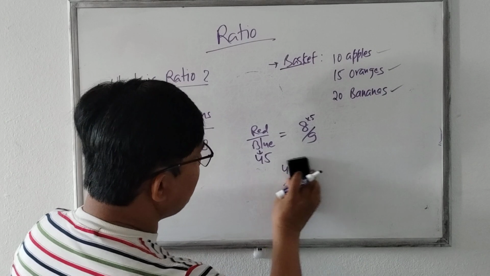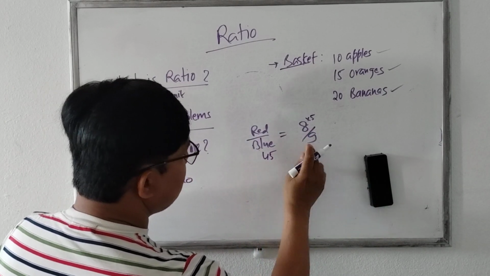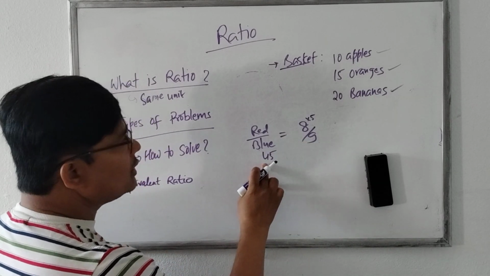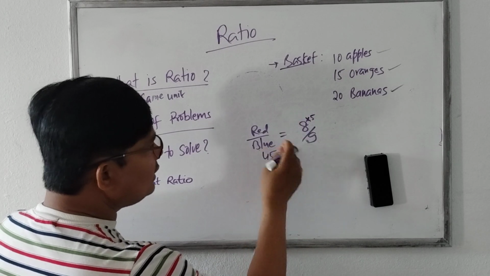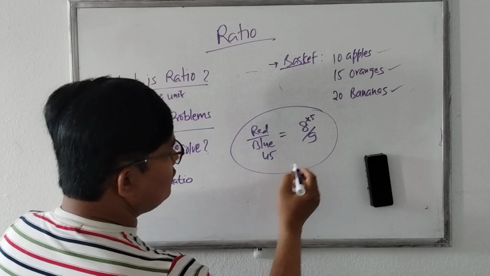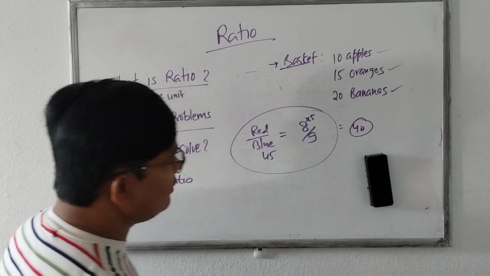A simple way: here is 45, so you can see, what times 9 equals 45? It's 5. So I have to multiply the same number by 8 so that these two will be equivalent. So that's 40. So you have 40 red marbles.